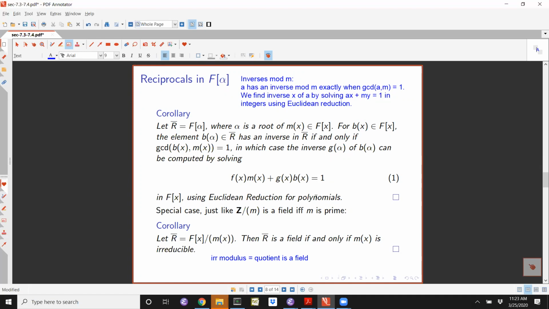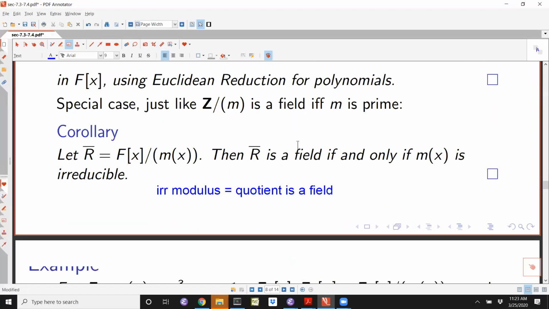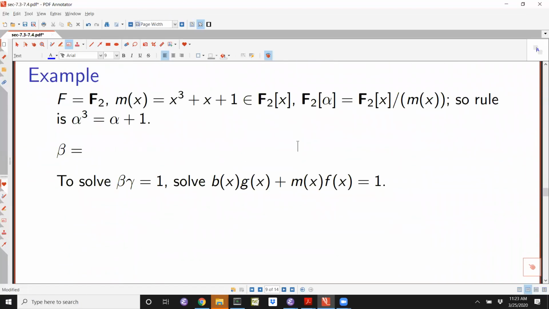I was going to ask for questions, but I think it's better for me to do an example, which I think is coming up on the next slide. So let me do an example. As I usually will, our initial coefficient field will be Z mod 2.